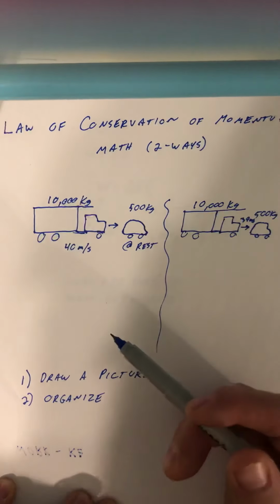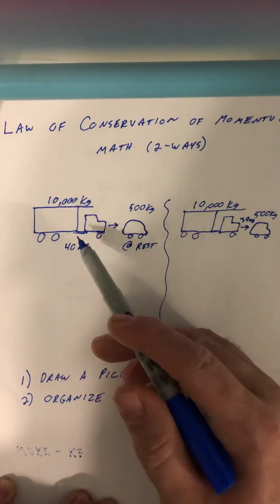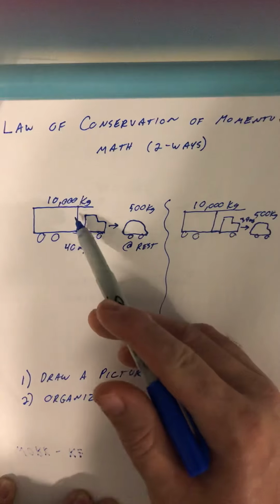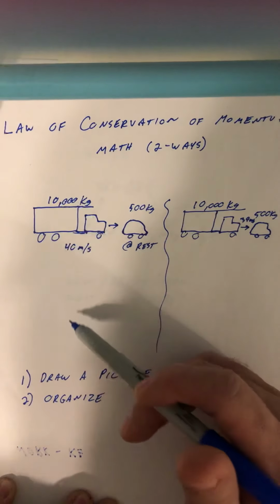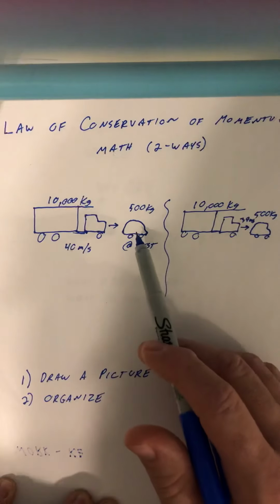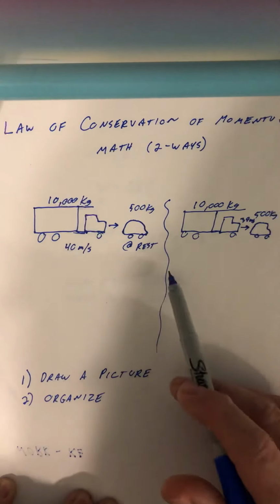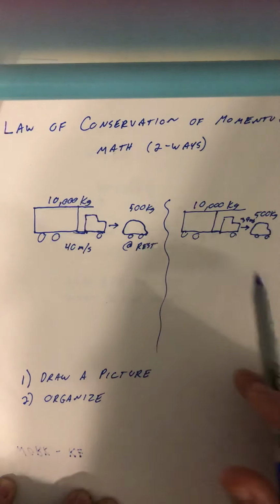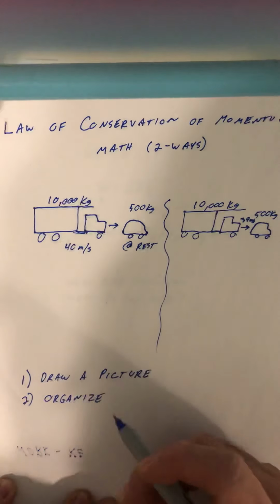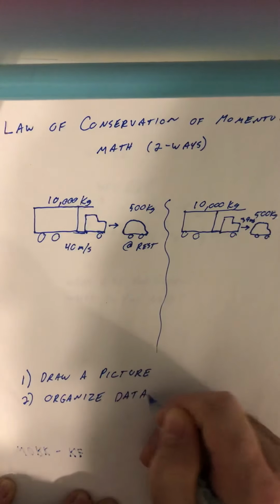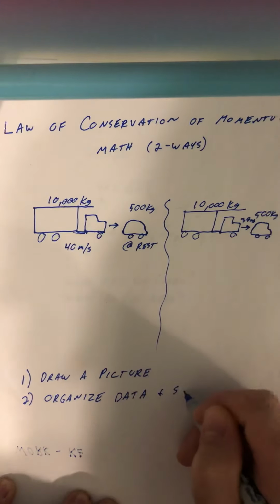The reason I like drawing it like this is so that I can go directly underneath every single thing I have. All of the information underneath my truck involves my truck before collision, then the smart car before collision, the truck after collision, and the smart car after collision. So, we're going to organize our data and solve.